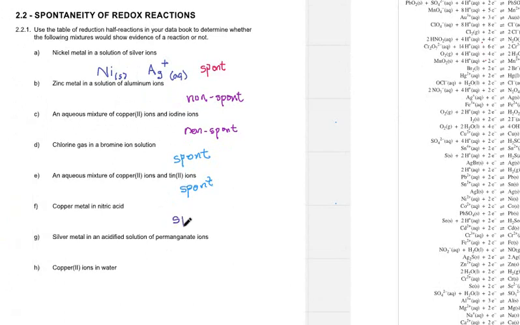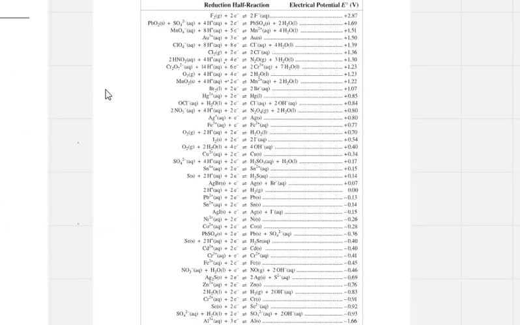This one is spontaneous. Silver in an acidified solution of permanganate ions. Okay, so we have silver metal. Put a solid on that if you like. Acidic permanganate. Acidic means we have hydrogen ions, and permanganate is MnO4 minus. And if you start looking for those, you get a hit very quickly, actually.